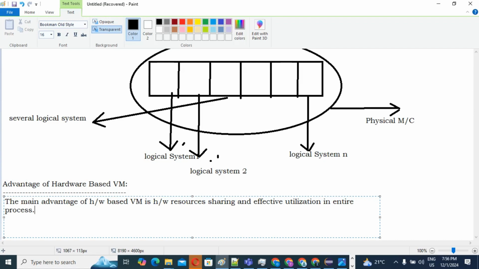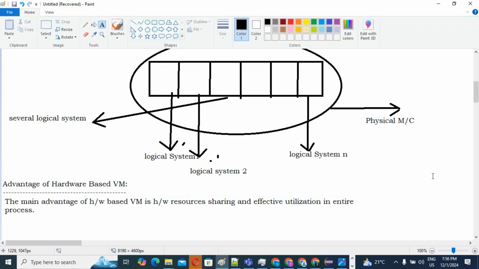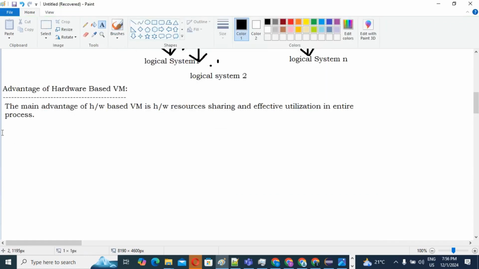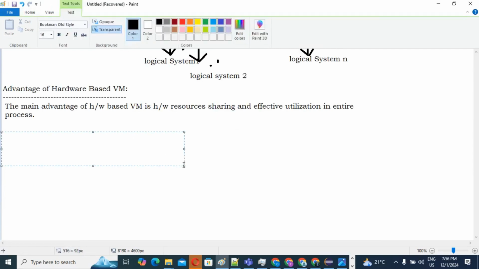Correct, guys? Then you need to understand also what is an example of hardware based virtual machine. Yes or no, guys? What will be the example of hardware based virtual machine? Example of what?